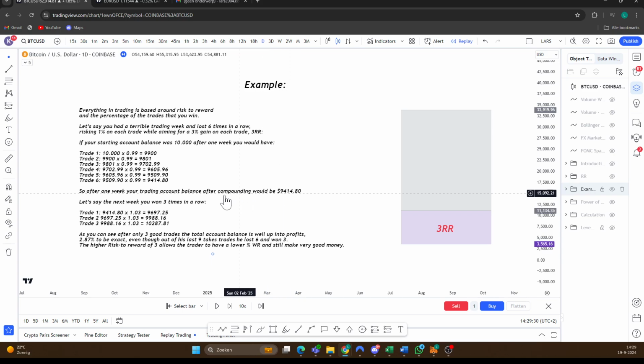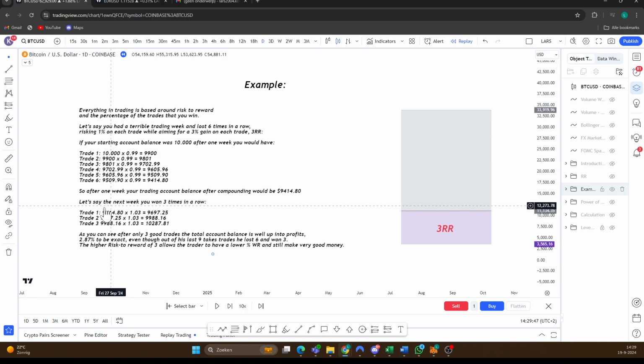So after 1 week, your trading account balance after compounding will be $9,414.80. Now, let's say the next week, you won 3 times in a row. But every time you win, you aim for a 3% gain, meaning a 3 risk to reward.